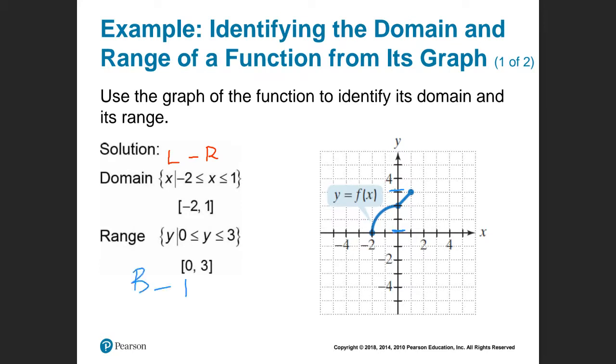So bottom is 0 to 3. So we can write the set of all real numbers y such that 0 less than or equal to y less than or equal to 3. Or we can write it with interval notation: bracket 0, 3 bracket. Remember, closed, use bracket. Open, use parentheses.